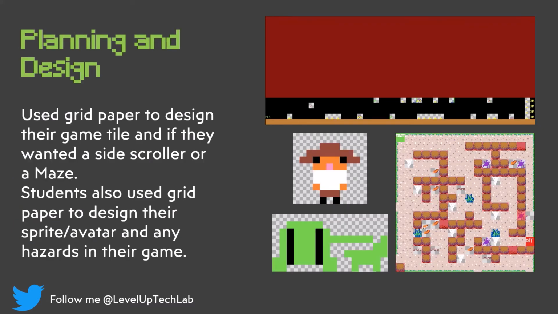So before my students created the game, they planned every aspect using grid paper. MakeCode Arcade has this pixelated form, so they used grid paper to plan out their tile map, their maze, or even their sprites and their avatars.